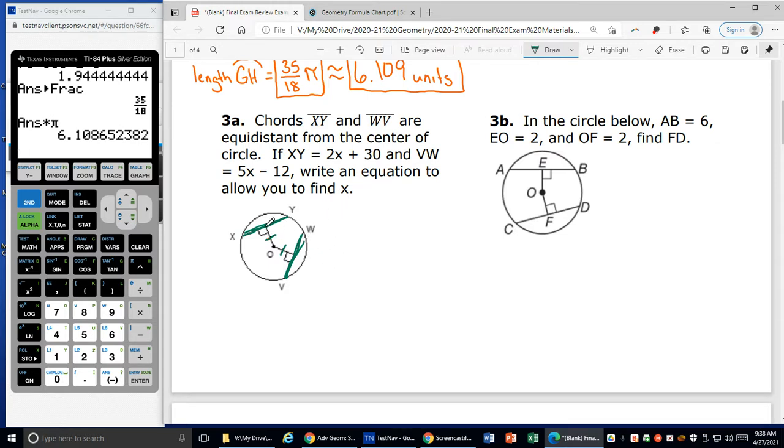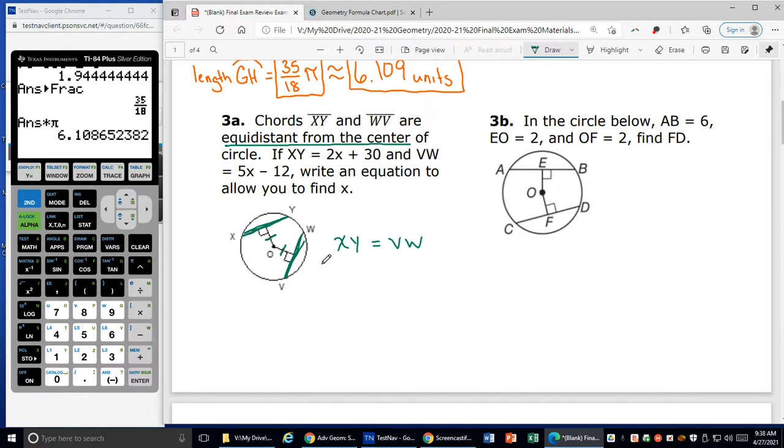Okay, so we had a theorem in our notes that said if chords are equidistant from the center, then the chords are equal. So that means these chords, XY, is going to be equal to VW.